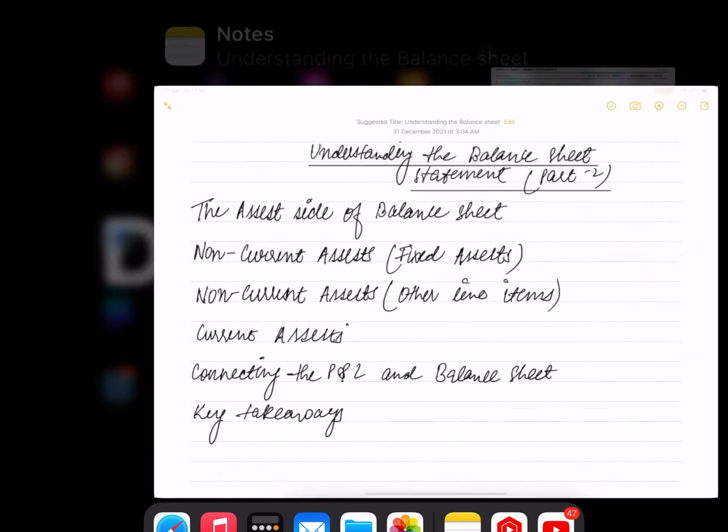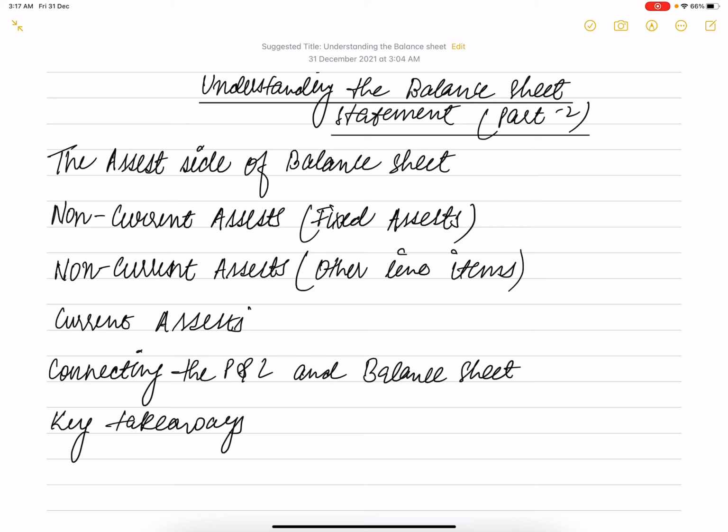Now coming to the fourth thing, that is current assets. So current assets are assets that can be easily converted to cash, and the company foresees a situation of consuming these assets within 365 days. Current assets are the assets that a company uses to fund its day-to-day operation and ongoing expenses.